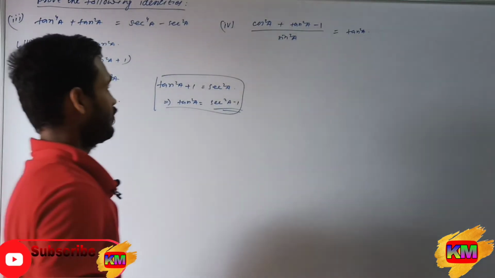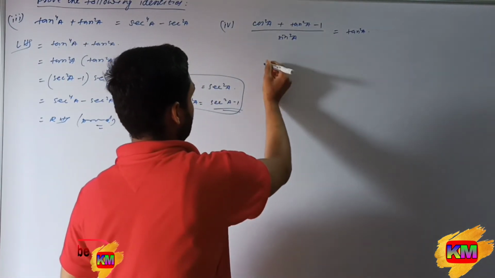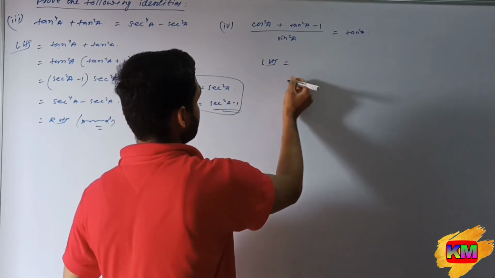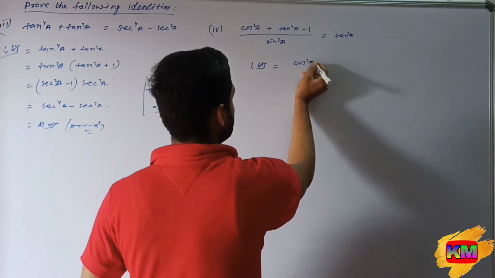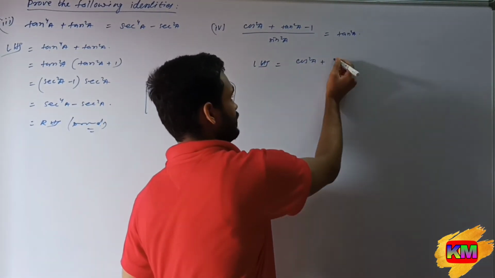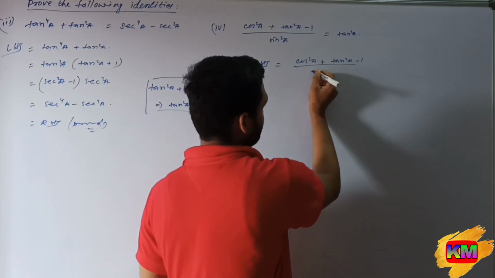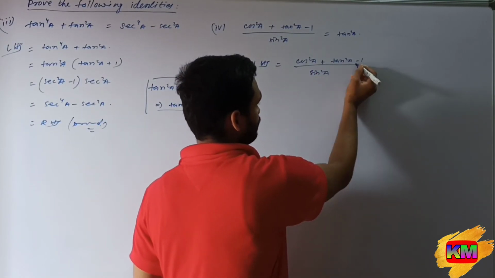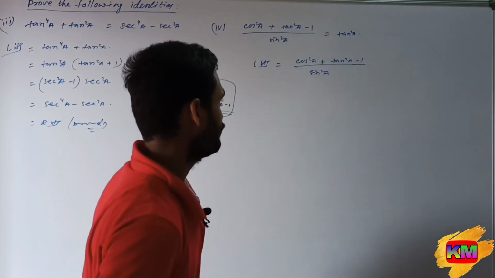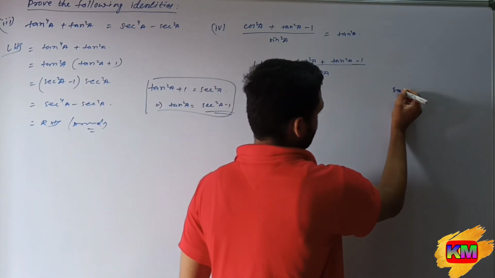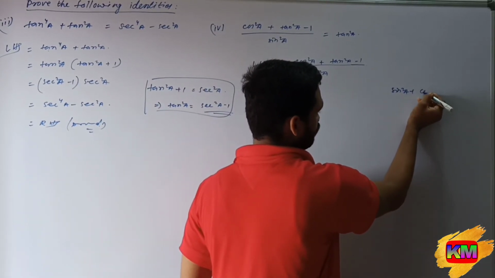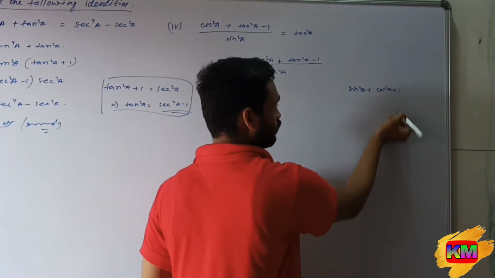Now we will see the proof of the second. So here LHS equals cos squared A plus tan squared A minus 1 divided by sin squared A. So we know that sin squared A plus cos squared A equals 1.